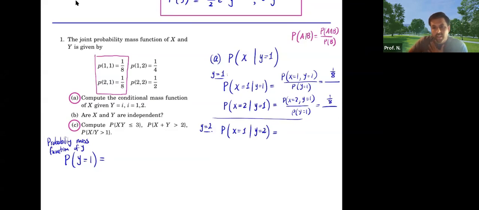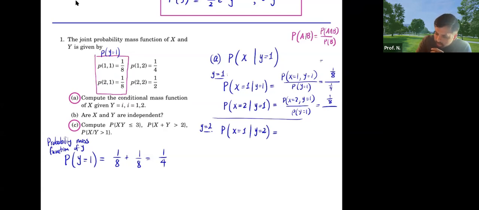I thought you said it, Alexandra. 1/8 plus 1/8. Do you know why it's 1/8 plus 1/8, which is a fourth? Yeah, you add up. So this thing here is exactly the probability when y equals 1. Why is that? Because we're adding all the x values when y equals 1. So this is a fourth.